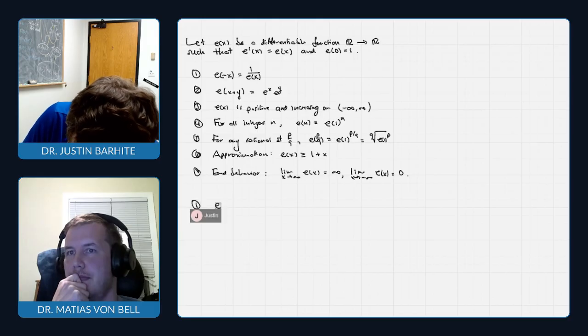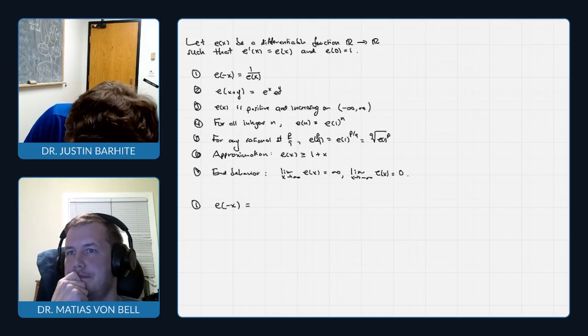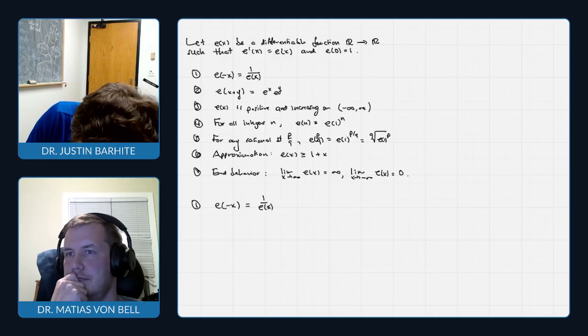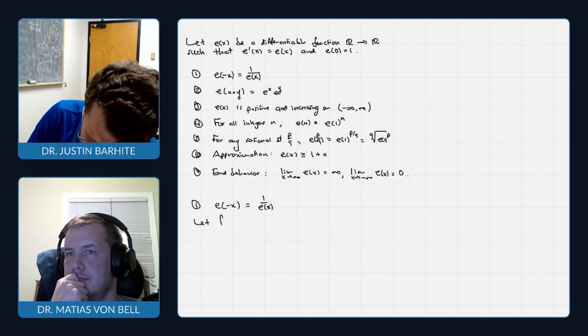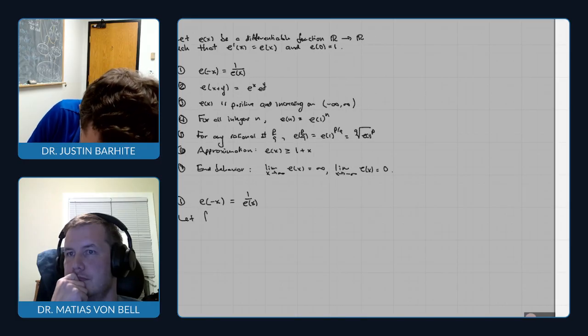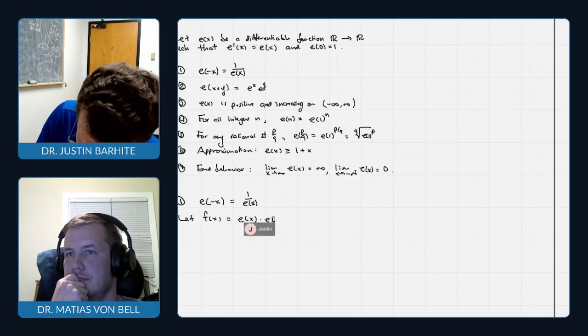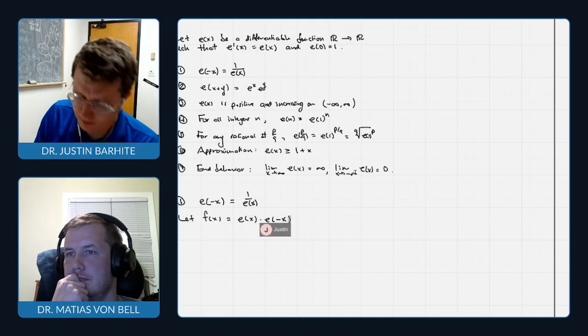So first, I'm going to prove that e of minus x is 1 over e of x. And I'm going to do this by looking at a function f of x, which is e of x times e of minus x.